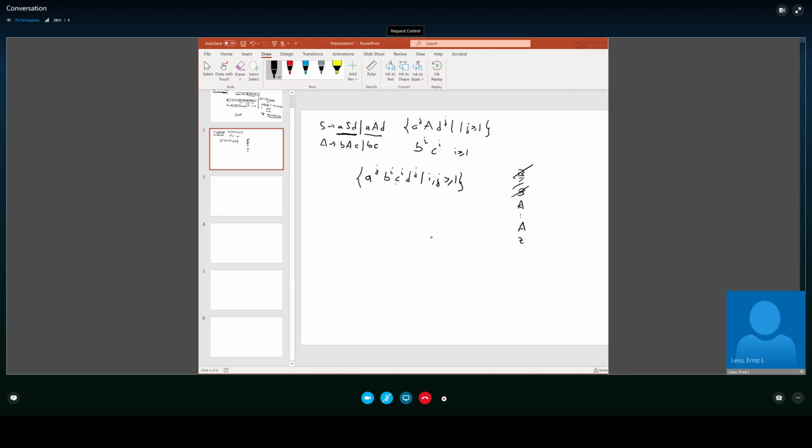For every little d, you take an a marker off, and at some point, if everything matches up, so the number of d's matches up with the little a's, then you expose the bottom marker, the Z of the stack, and at that point you can go into a final state or empty the stack. In either case, you have this language. Okay?